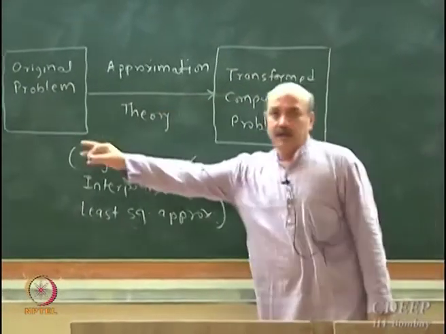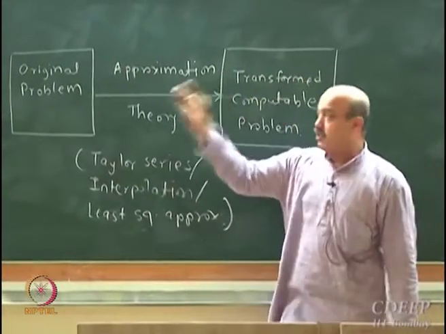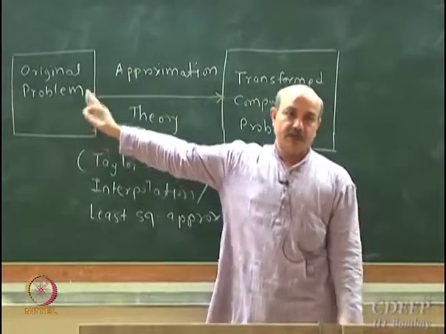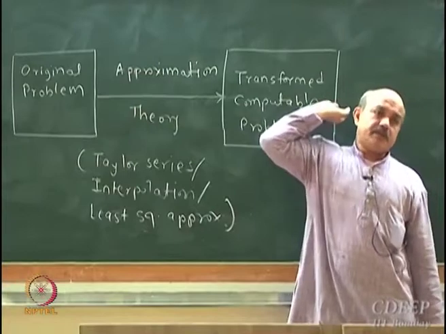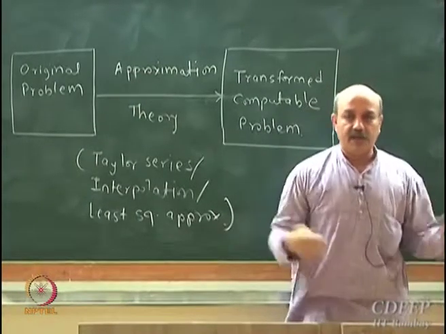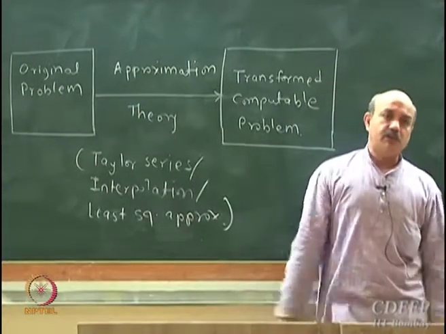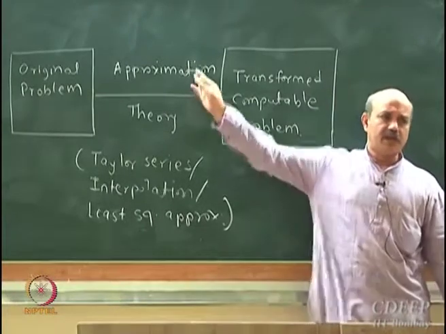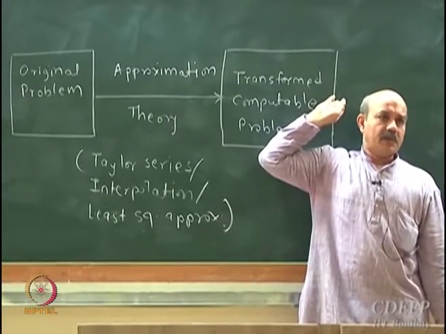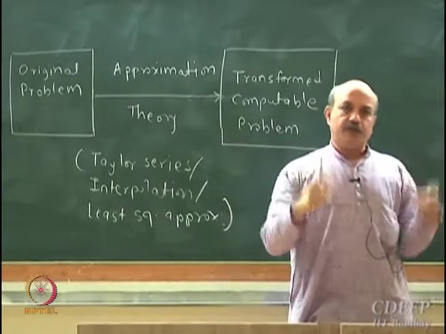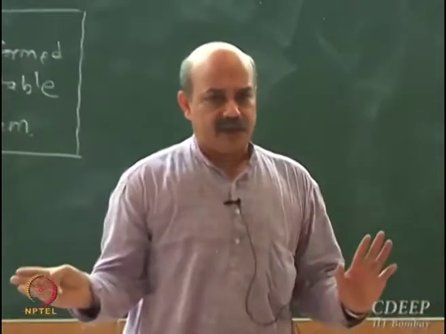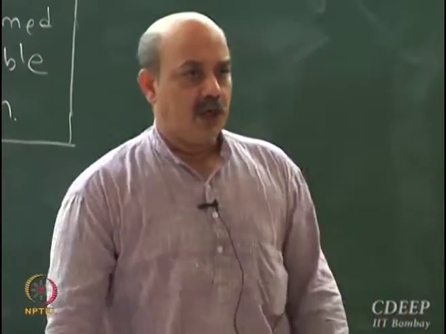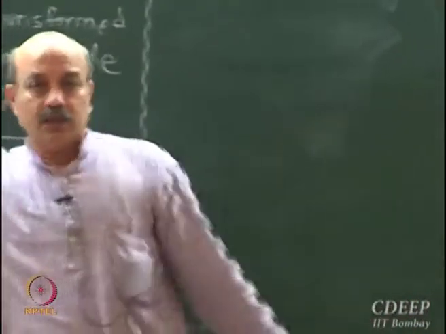As you could see, this problem which we started with was a partial differential equation. You ended up here sometimes with nonlinear algebraic equations, sometimes with an initial value problem, an ordinary differential equation. So the transformed problem, from the viewpoint of the structure of equations, could be completely different. Okay, so it need not resemble the original problem.